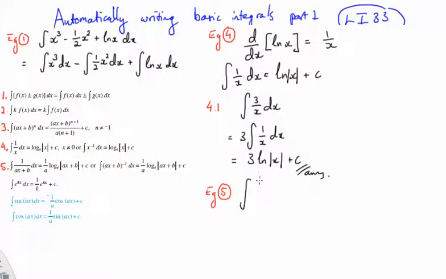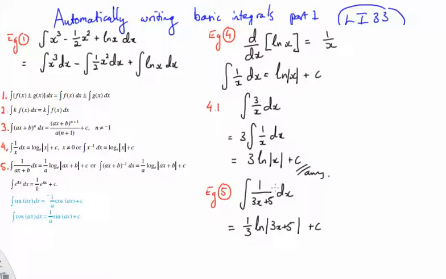If you have the integral of 1 on 3x plus 5 dx, well, that's equal to, the first thing you have to do is take the coefficient of x and go 1 over, like that, so 1/3. Take the coefficient of x and put 1 over, and then it's the natural log of whatever's on the bottom, 3x plus 5, and then adding some constant.